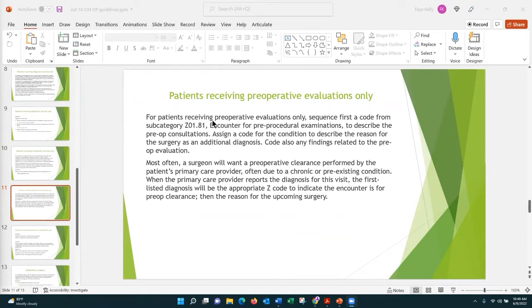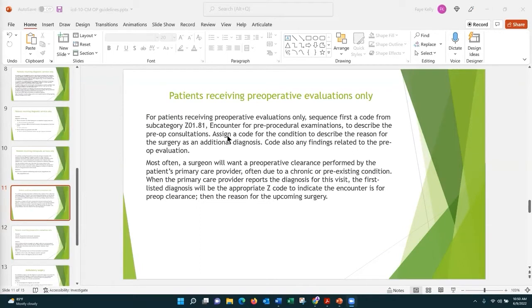So the guideline tells us for patients receiving those pre-op evaluations, you're going to sequence first a code from subcategory Z01.81. This is an encounter for pre-procedural examinations. So if it's a pre-op consult, you're going to have to assign Z01.81.